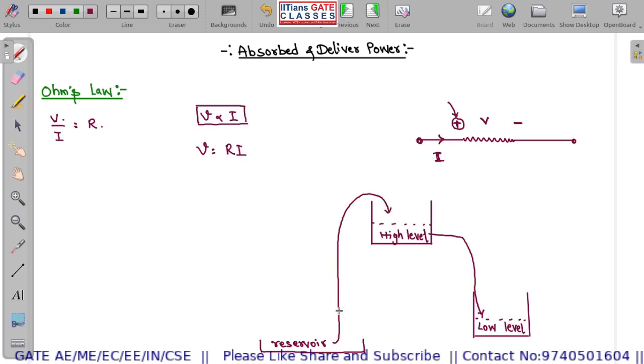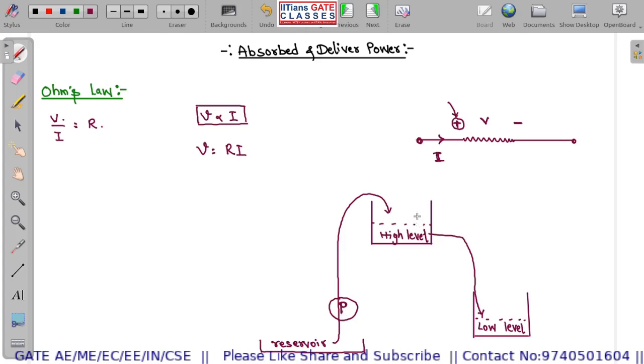So what element do I require over here? I require a pump. This pump will supply water from this reservoir to the high level tank. So this pump is doing the work of shifting the water from lower potential energy to higher potential energy.